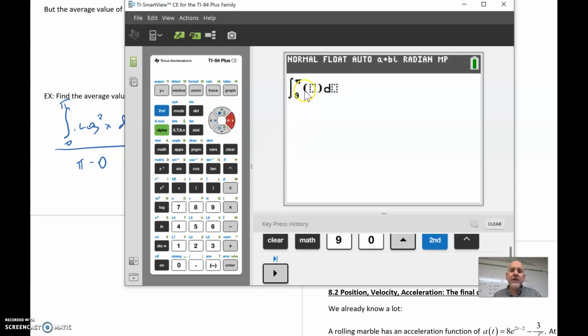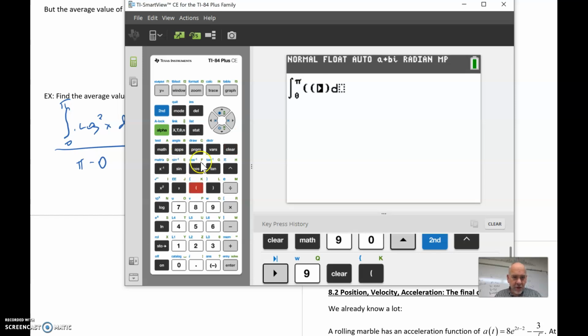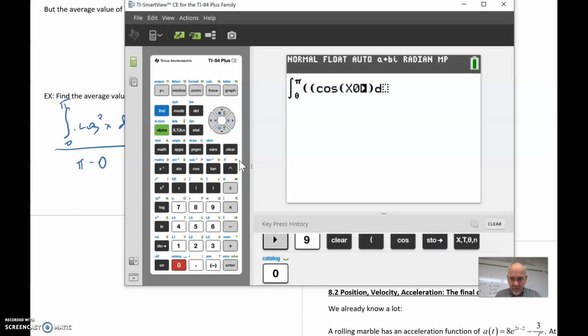And you have to put your function inside these parentheses. So I can't write cosine x and then use these parentheses to square it. I have to put the whole thing inside. And correctly, so it's cosine of x, I gotta hit x, all right, and close parentheses.